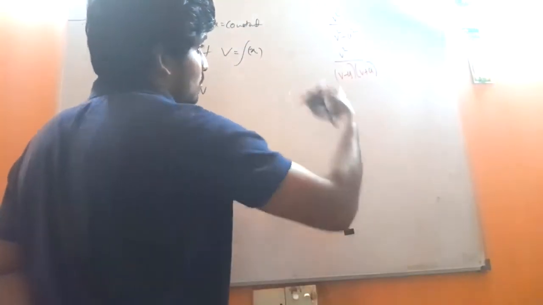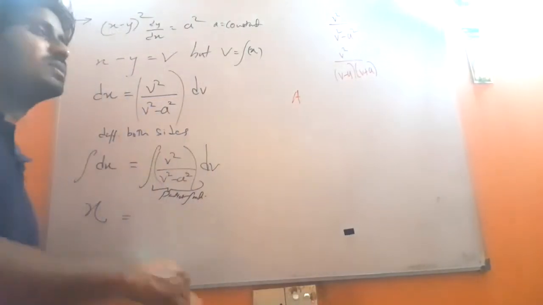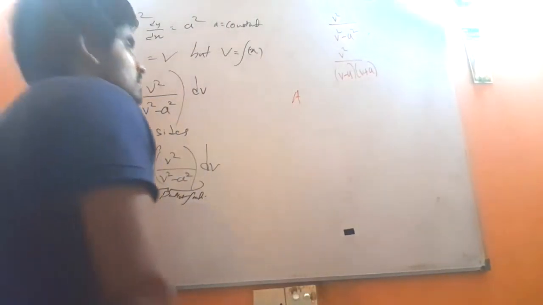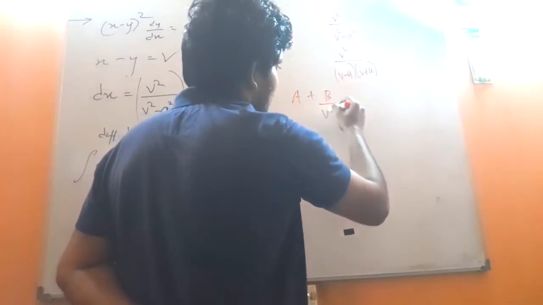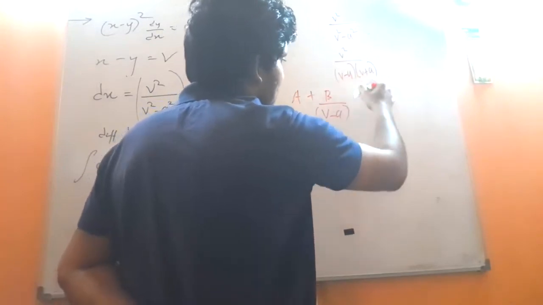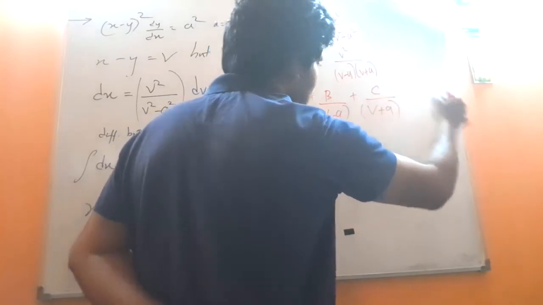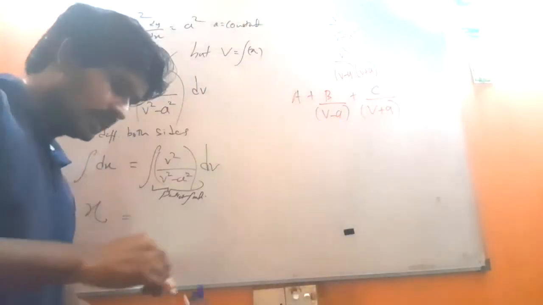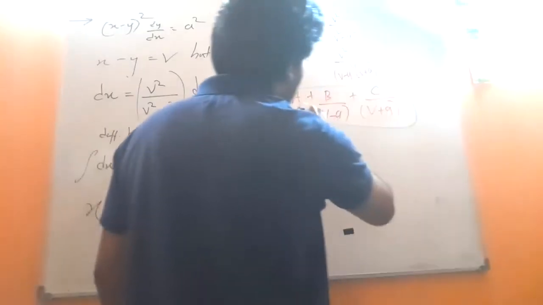So in solving this type of problem, we need to introduce some constant called A, right? Plus B times V divided by V minus A, plus C divided by V plus A, right? So now that is the format of the partial fraction.